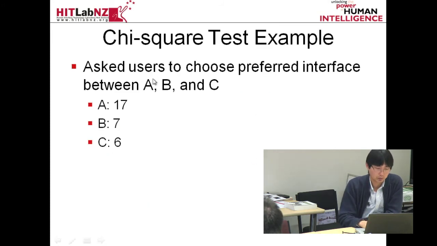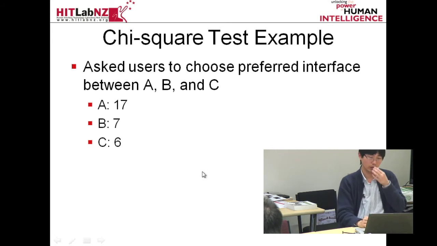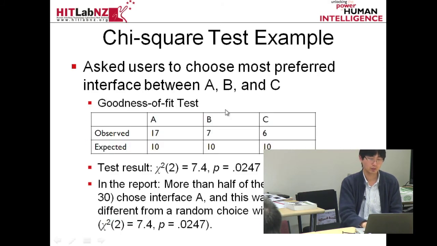So let's go with an example. Let's say you ask the people to choose the preferred interface between A, B, and C. We are not considering novice or expert this time. We're just simply asking them. And then you counted the numbers, and it ended up with 17 participants choosing A, 7 choosing B, 6 choosing C. Then what you can do is run the goodness of fit test and see if this choice was a random choice by chance.